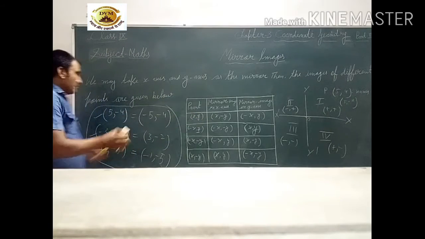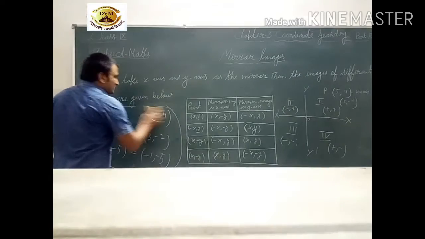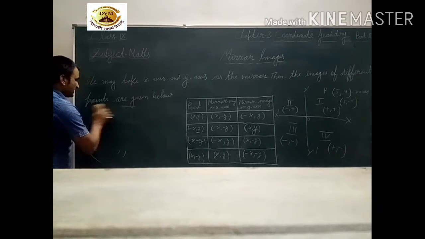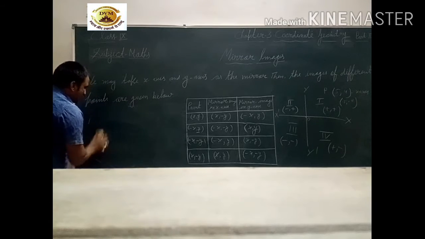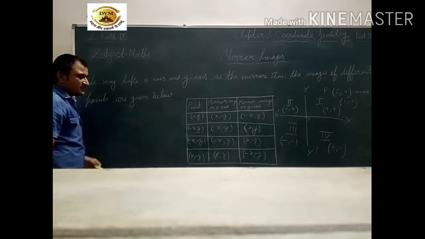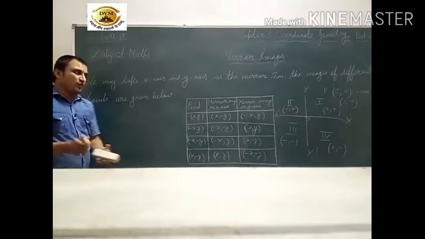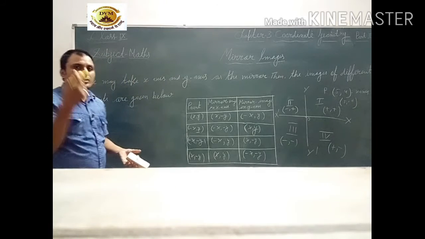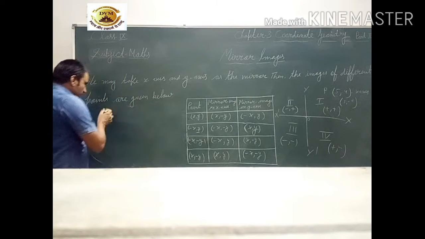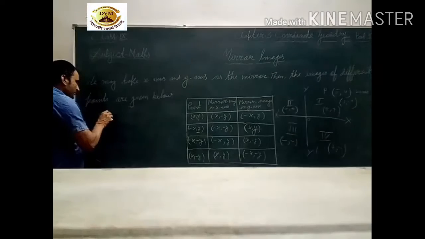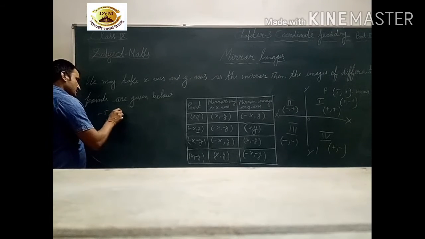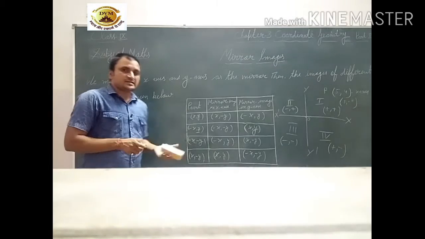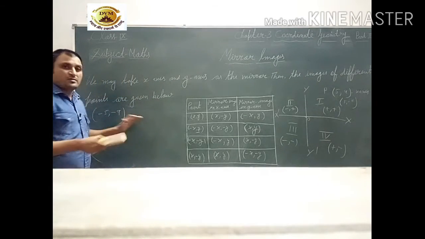Clear? Now we will see some examples of the mirror image of points in x axis. In x axis, the mirror image of any point, we have to change the sign of the y coordinate. Suppose the given point is minus 5 comma minus 9.